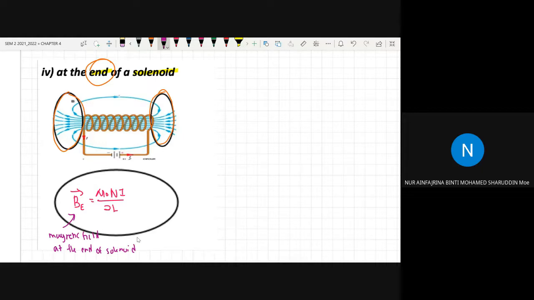Okay, ada sesiapa yang tak sempat salin dekat mana-mana nak Miss patah balik dekat slide itu ke? Okay, let's proceed to example 1.